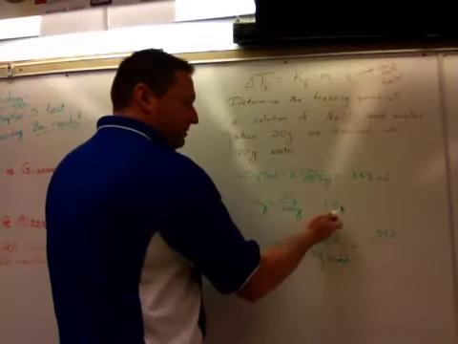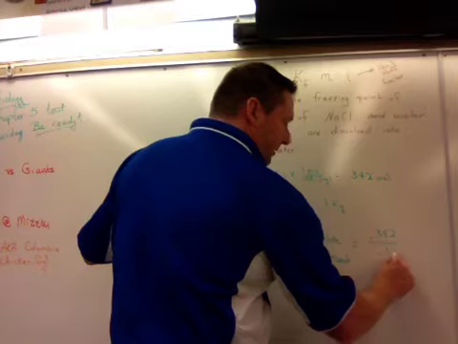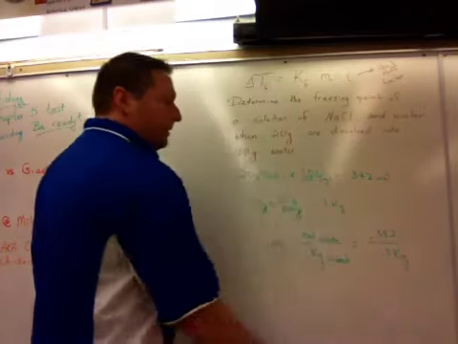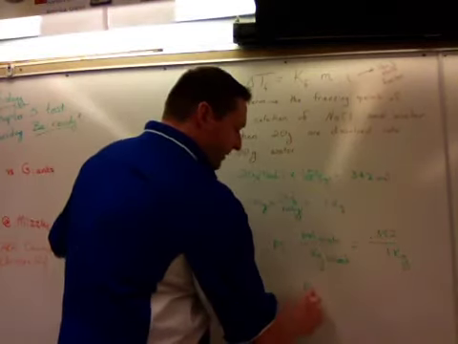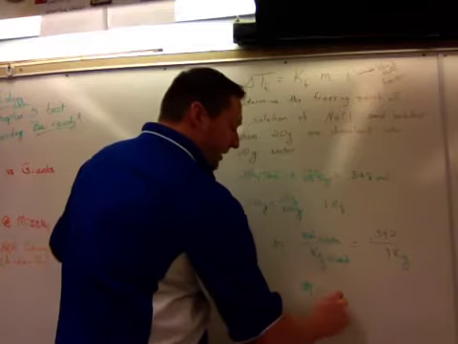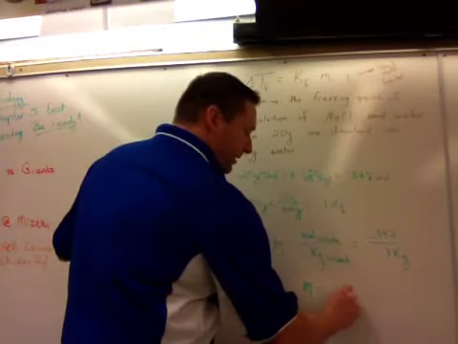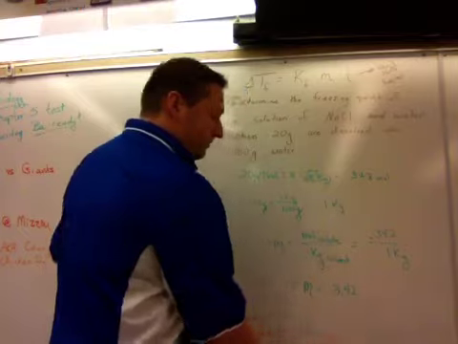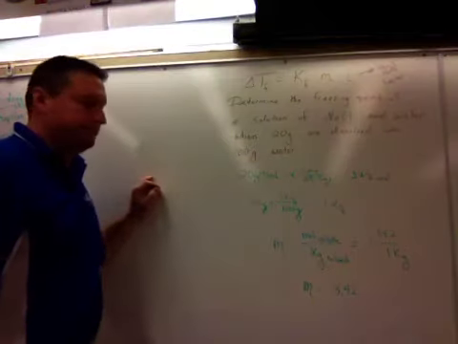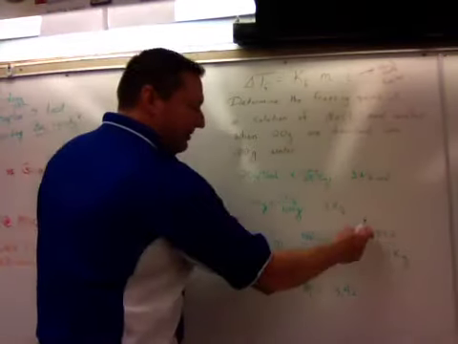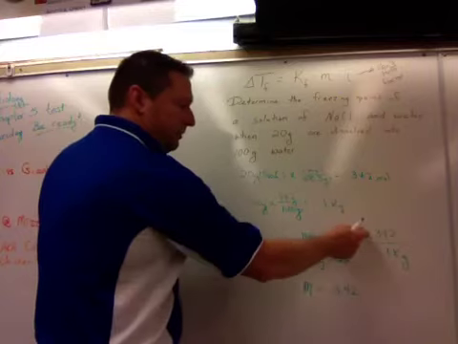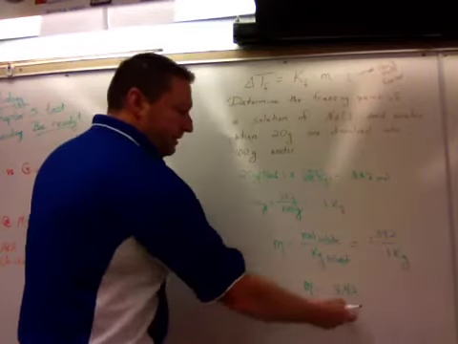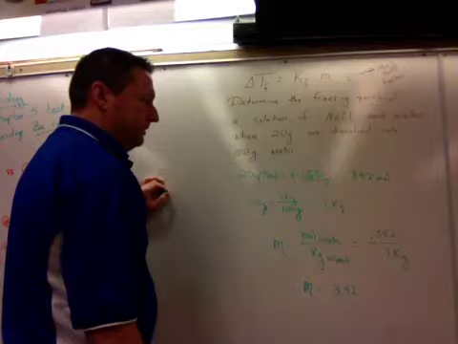Our kilograms is 0.1 kilogram of solvent. And when we do this, we figure out that m equals 3.42. Okay, see that? And that's just by dividing these two numbers. 0.342 divided by 0.1 gives us our 3.42.